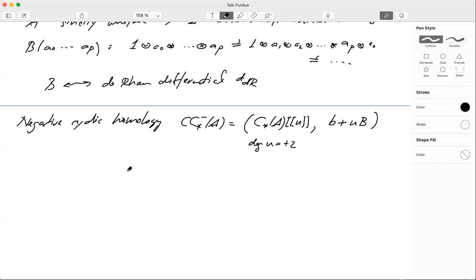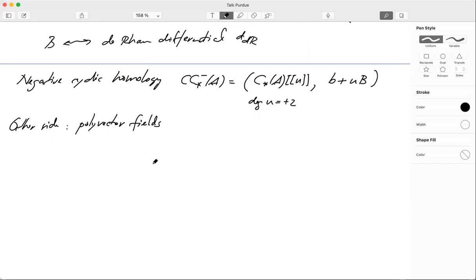Okay, so we know what one side is, which is our differential forms. Now for the other side, which is polyvector fields. I need something that extends vector fields, which I know to be Hochschild cochains, and has a certain bracket that extends the bracket on Hochschild cochains.